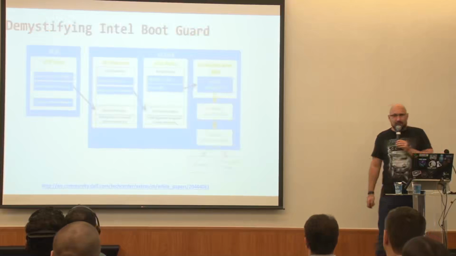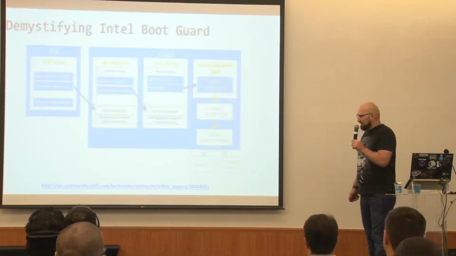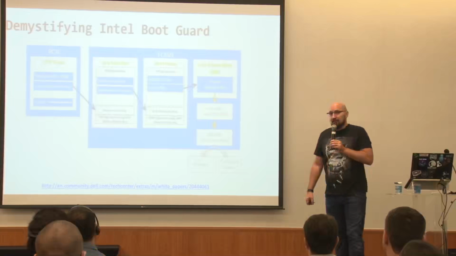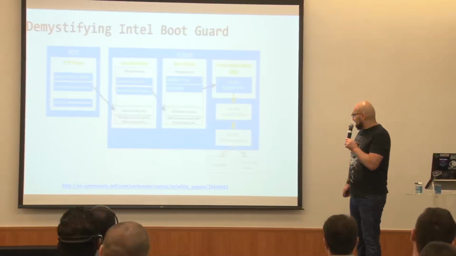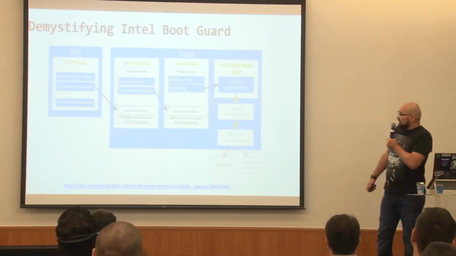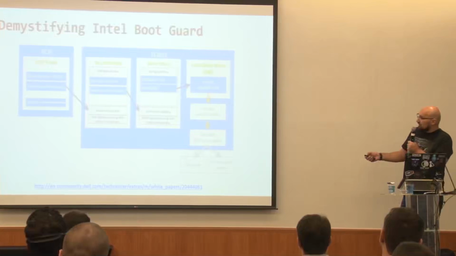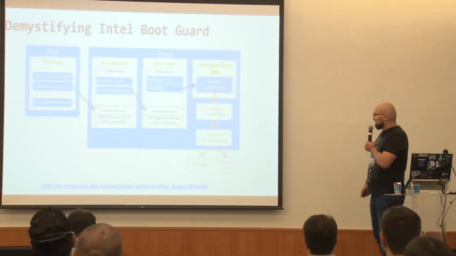Just before my Black Hat talk, Dell released a paper, here is a link, about how their implementation of BootGuard works. It's pretty interesting because it has much more details than Intel's. Here we can see the PCH is responsible for the fuses, and that's why the ME is involved.